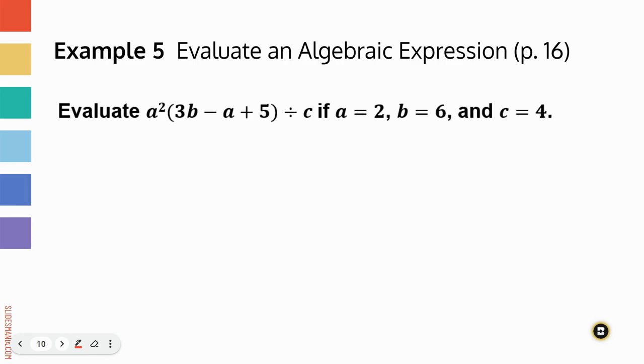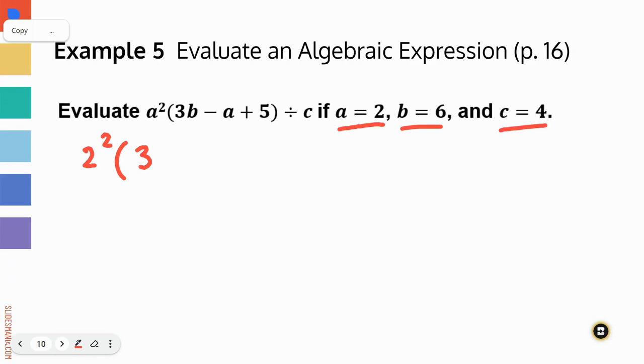So I'm going to start by substituting. So we have a squared. Anytime I see a, I'm going to put a 2. Anytime I see b, I'm going to put a 6. Anytime I see c, I'm going to put a 4. Okay, so starting with a squared, so that would be 2 squared. And then I have parentheses. And then I have 3.